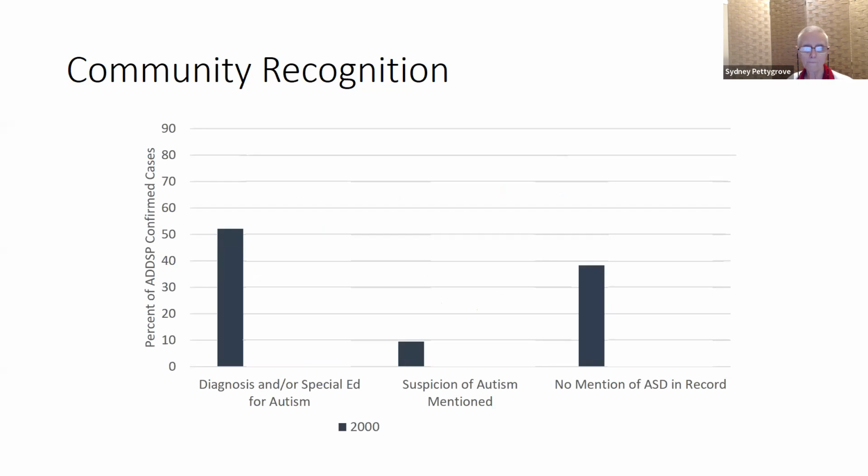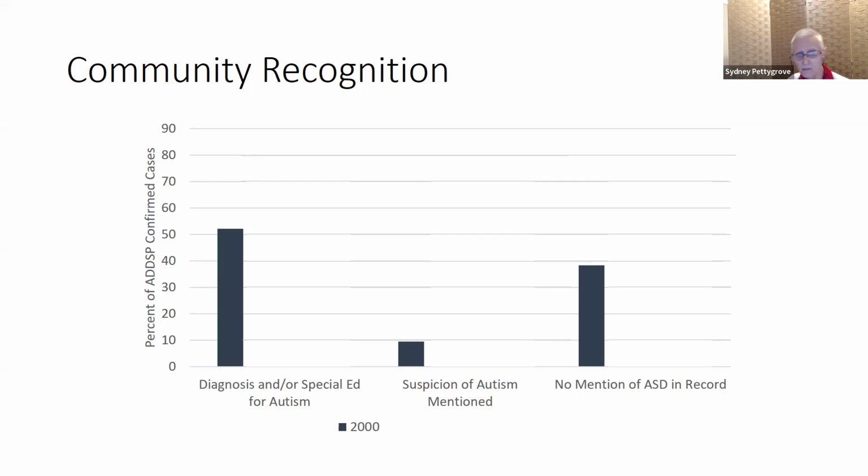So we started this whole effort in the study year 2000. And in that first study year, we had a little over half of our cases. These are children that had all of those behaviors documented in their record to be considered autism cases.